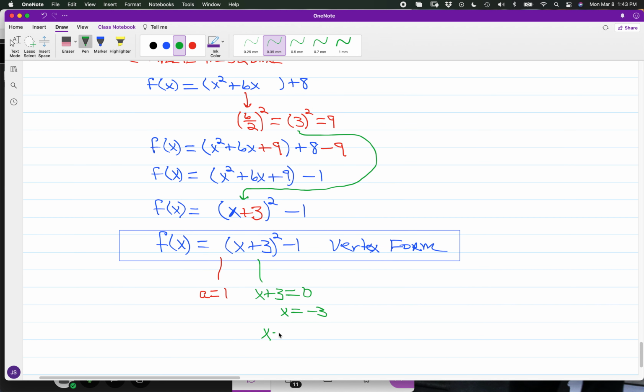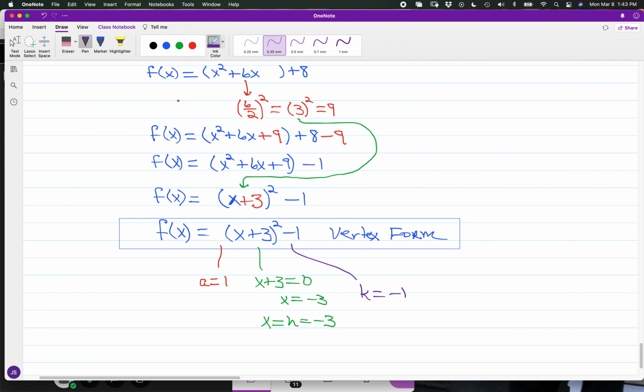So x is equal to h is equal to negative 3. And once again, the k value is equal to negative 1. So it's going to follow that the vertex h, k is going to be situated at negative 3, negative 1.